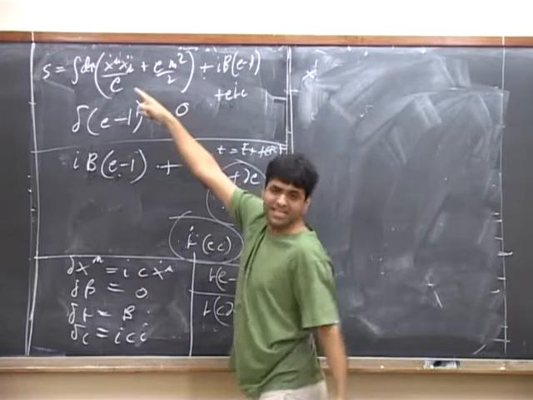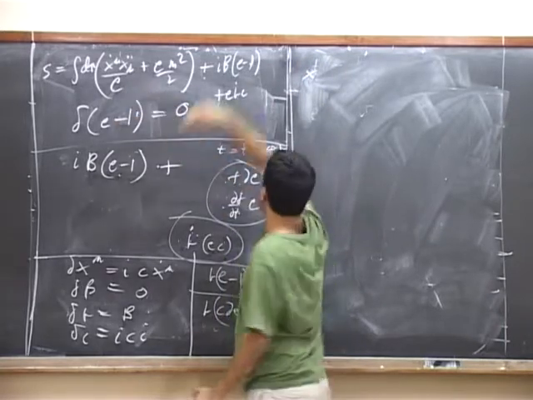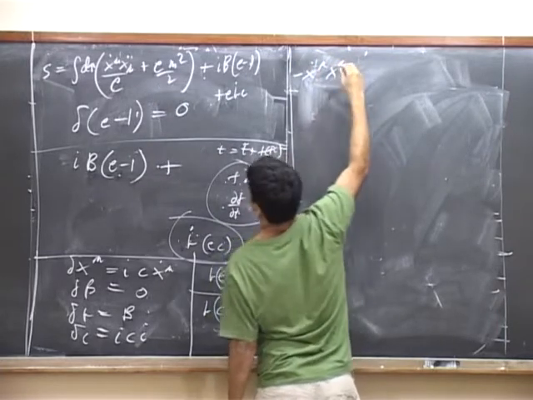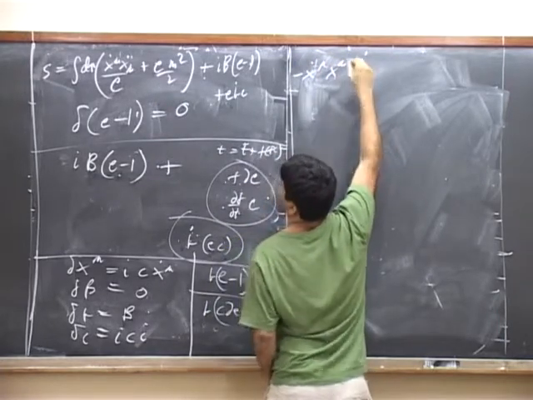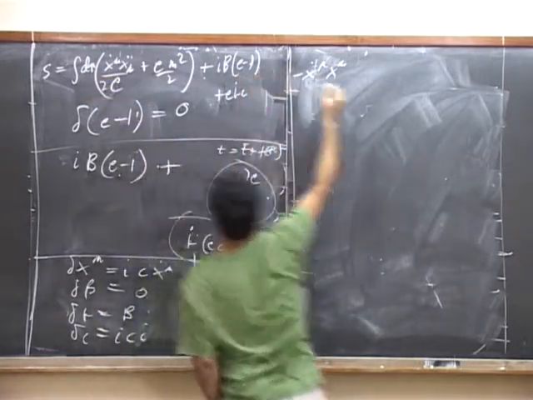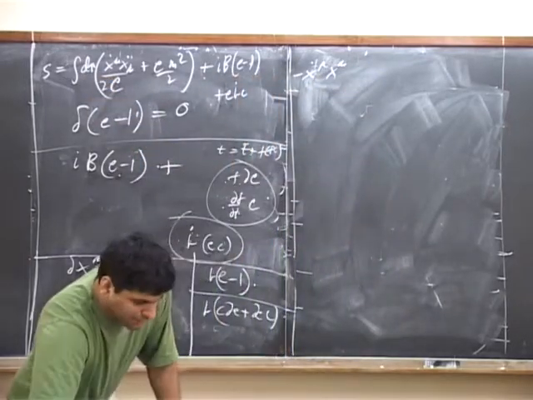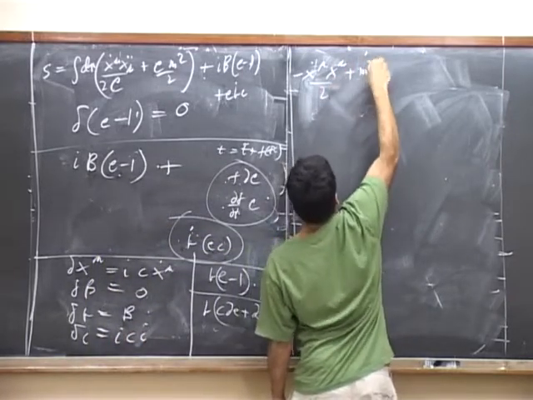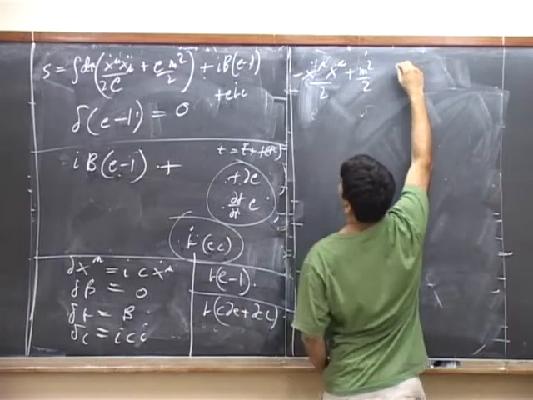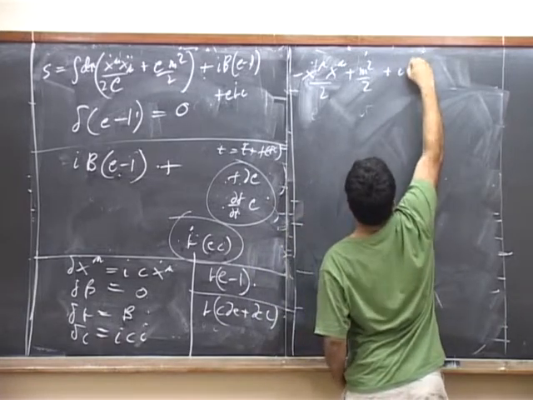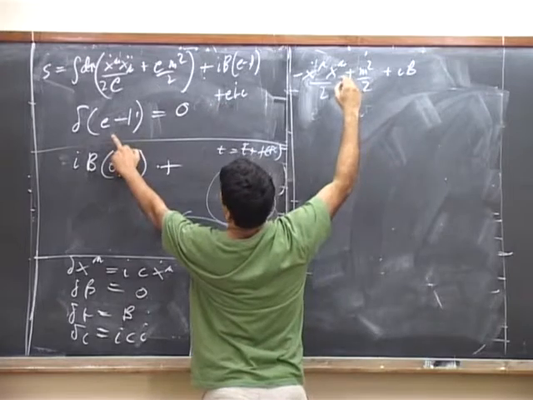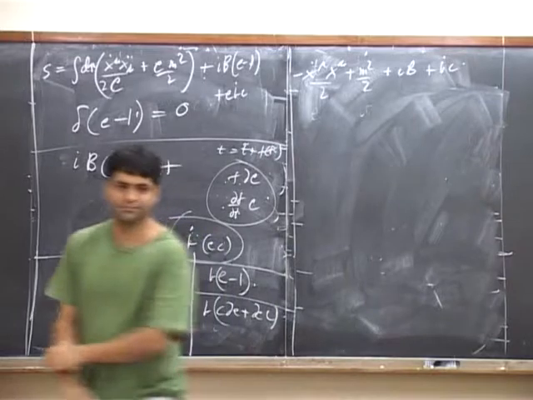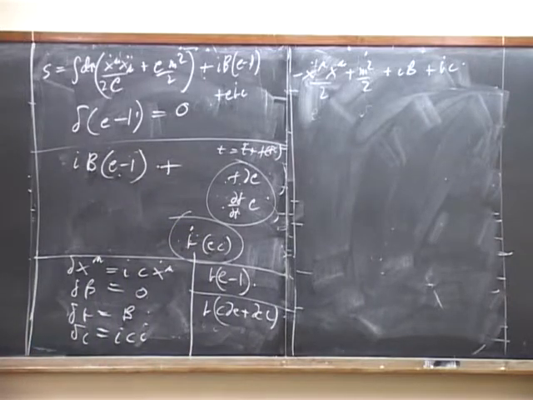That equation of motion is just differentiating with respect to E and putting E to 1. So it's just x-dot mu x-dot mu over 2 plus m squared over 2 plus i times B plus B dot C is equal to 0.